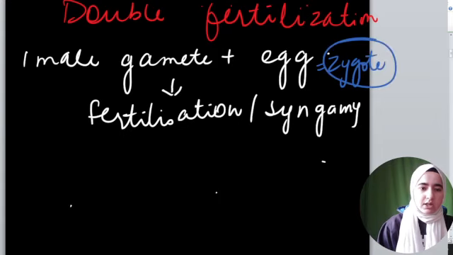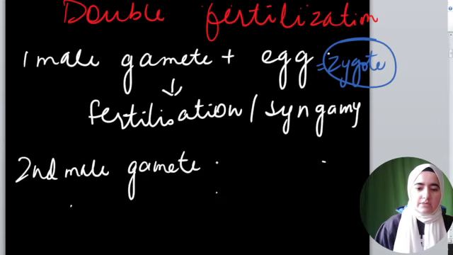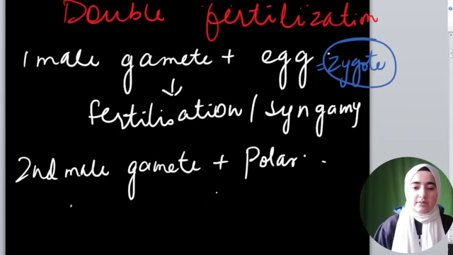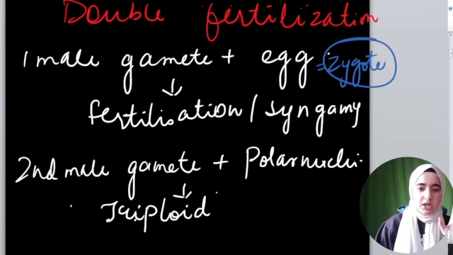Zygote will be formed. We have not only one male gamete in the pollen grain, we have two male gametes. The second male gamete will come in contact with the polar nuclei, two nuclei located in the central cell, and they will form a triploid nucleus. That is triploid fertilization, three times nucleus will be formed.